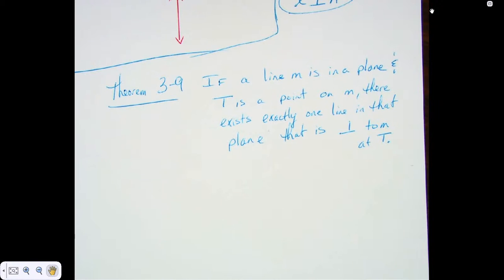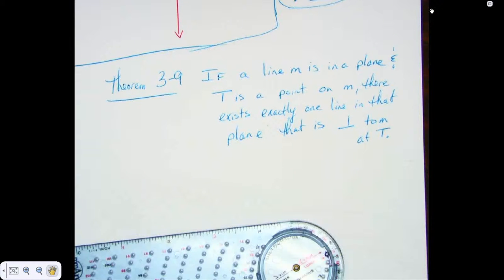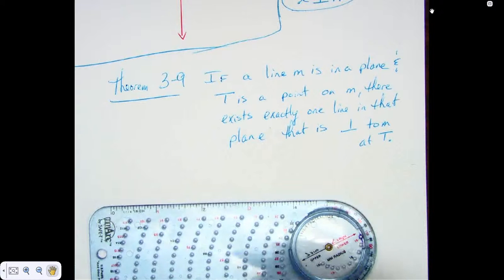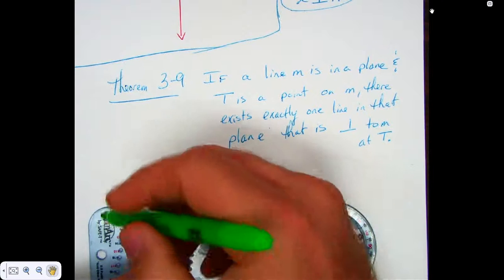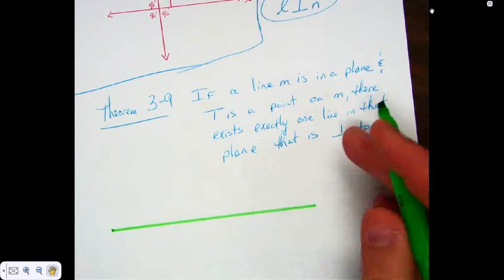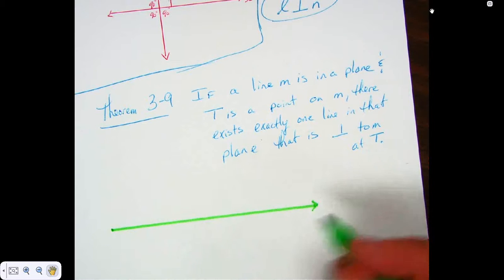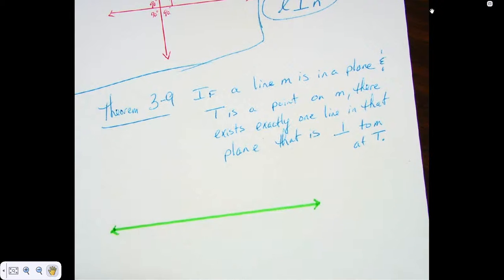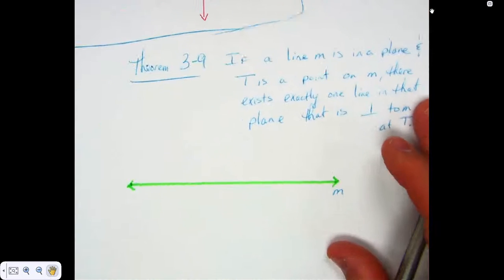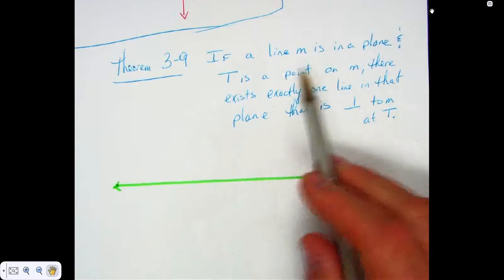So first, let's draw line M on this piece of paper. Okay, that's the first thing. Line M is in a plane. What else are they saying to me? Line M is in a plane.